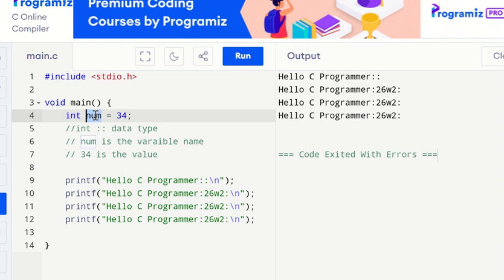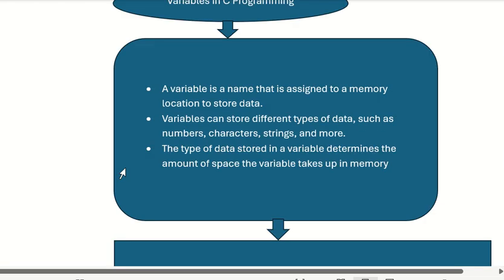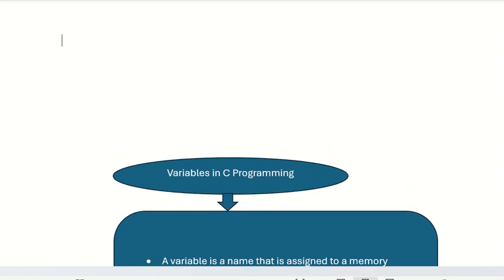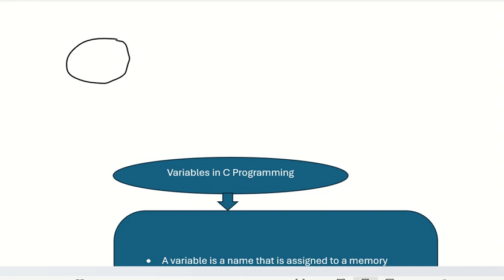So once we access num, the value will come as 34. Let's go here and draw it.